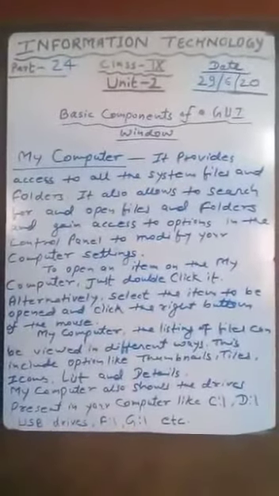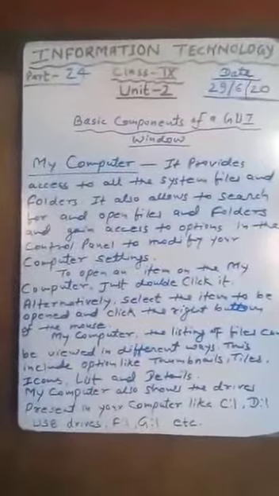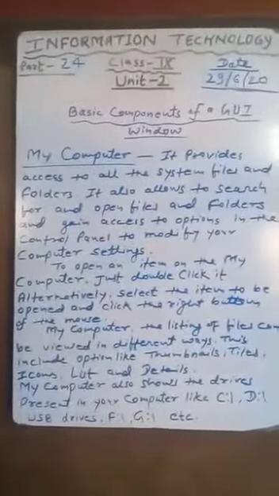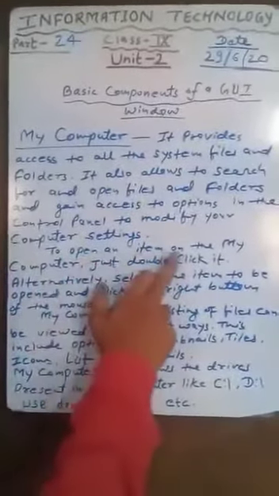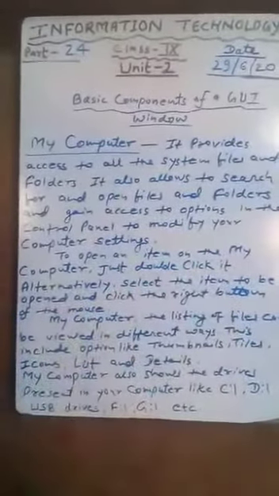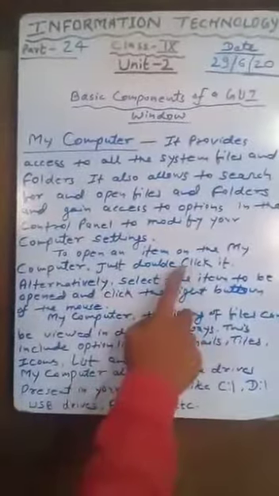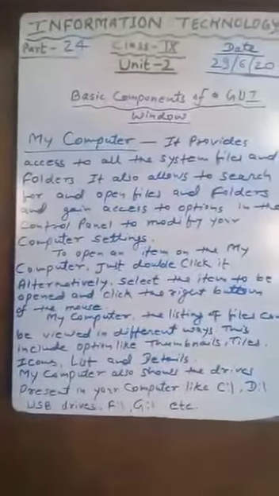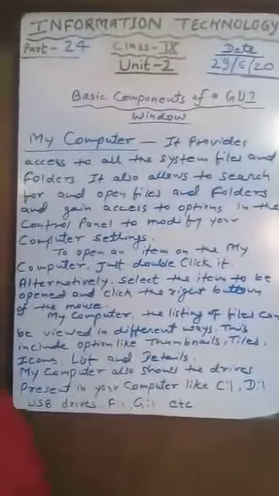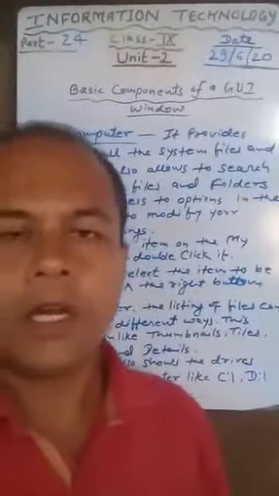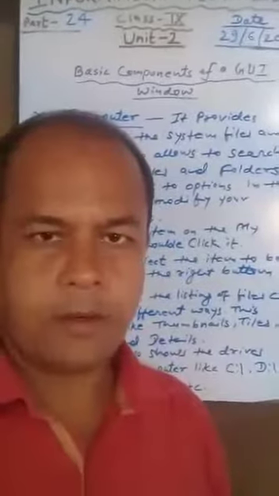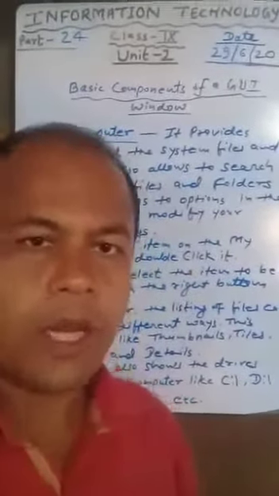Now, how do we open this? To open an item in My Computer, just double click it. You can double click on the icon of My Computer to open it.